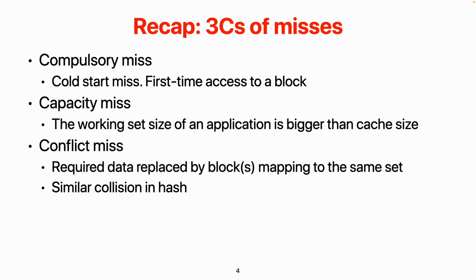And then sometimes just because our program wants to visit a lot of stuff within a very short period of time, we will have the trouble called capacity misses. That means that because of the working set. When we say working set, it typically defines, given a window period of time, how much data has been accessed.